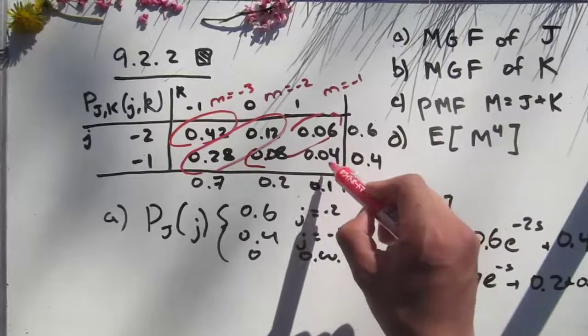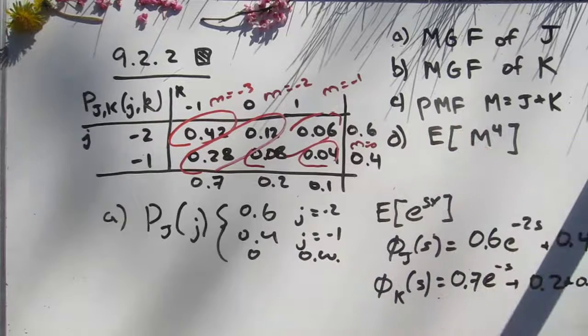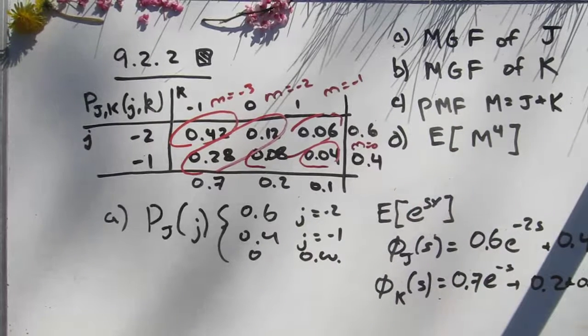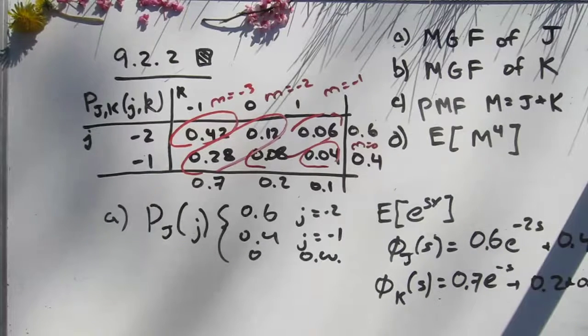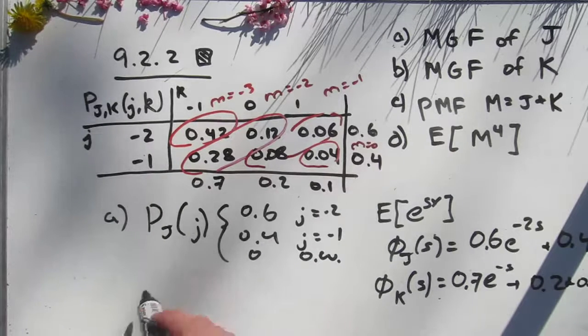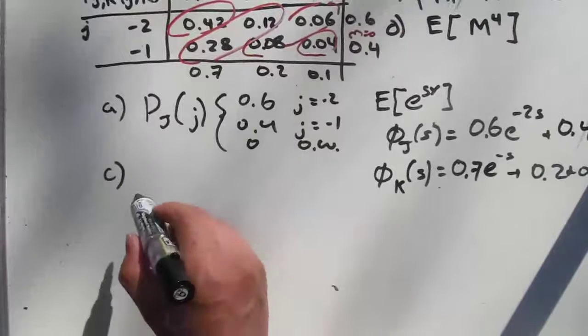That's okay. And then this one here is m equals 0. And so we can write the PMF here. And I guess I'll write it here. Let's move the board up a little bit. Okay, nice.